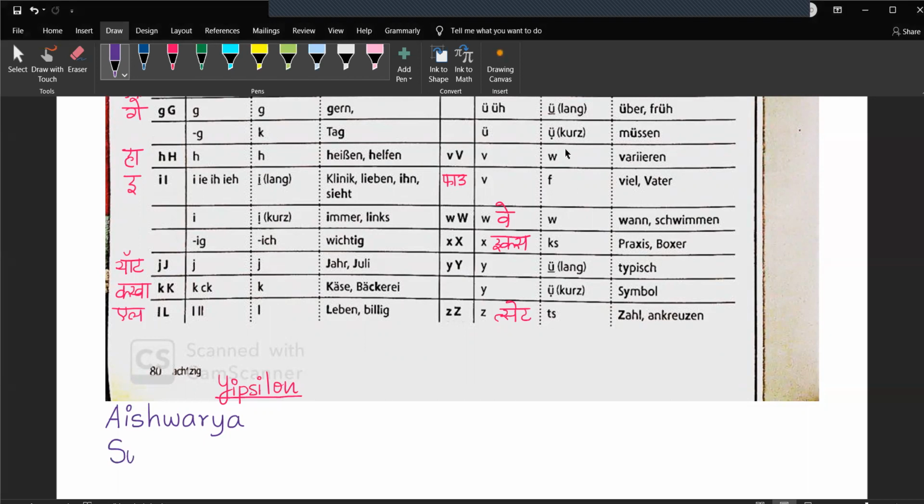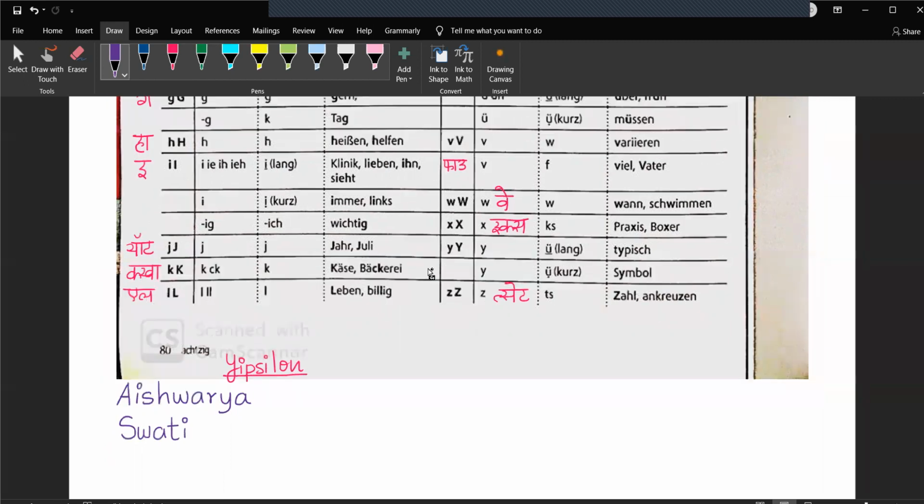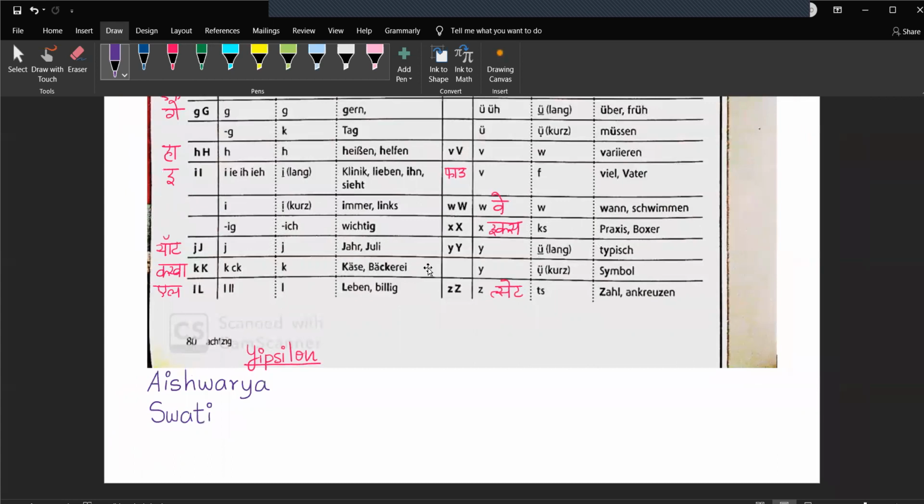S, V, A, T, E, E. Any doubts or any questions here with the alphabet, as in only the main alphabet that we are looking at?